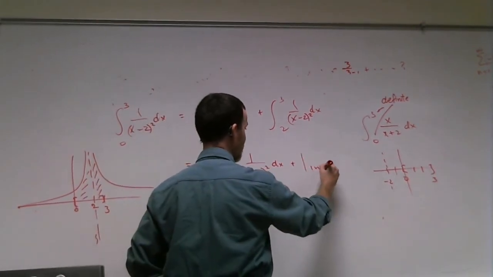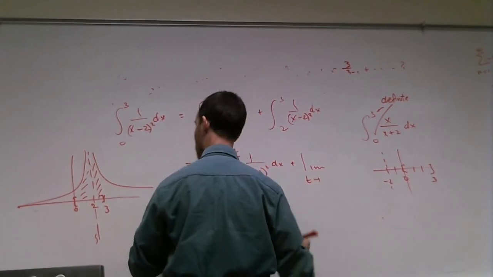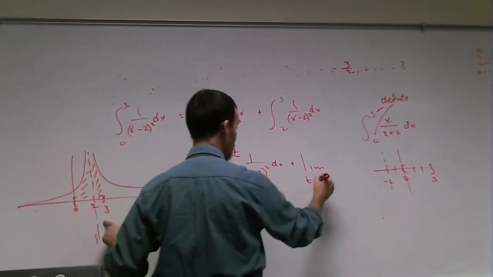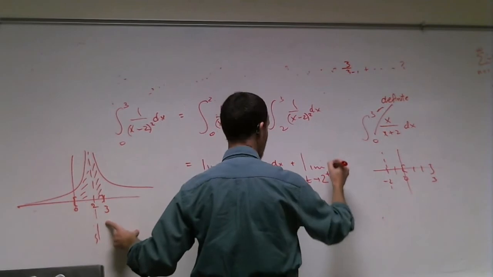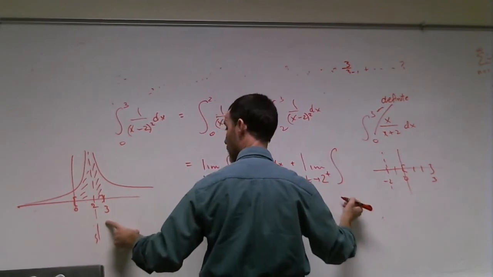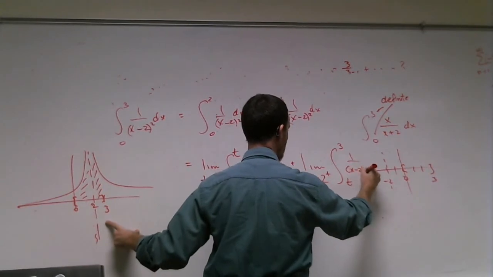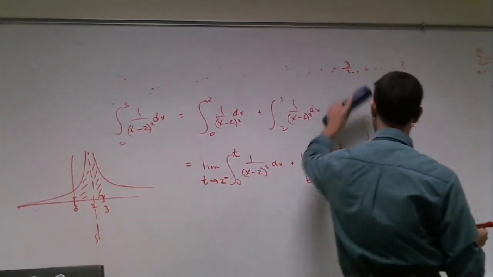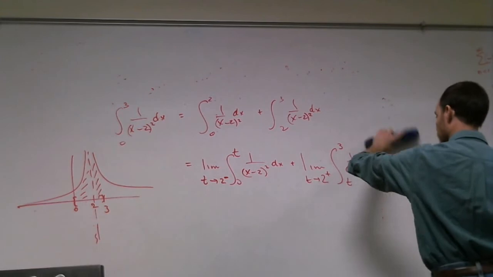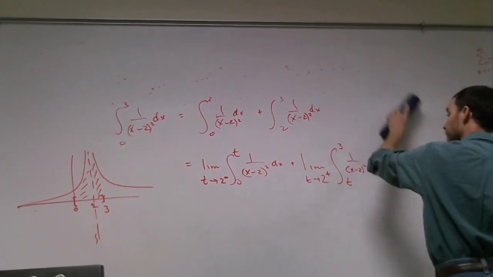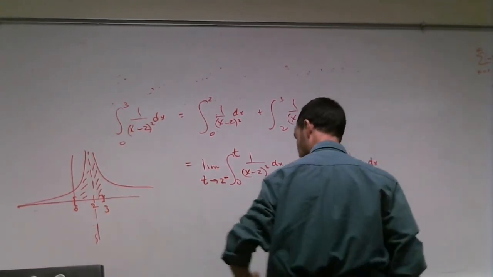This one's going to be the limit as t goes to 2 from the right of the integral from t to 3 of 1 over (x minus 2) squared dx.